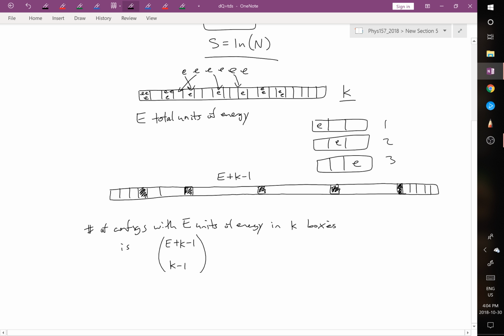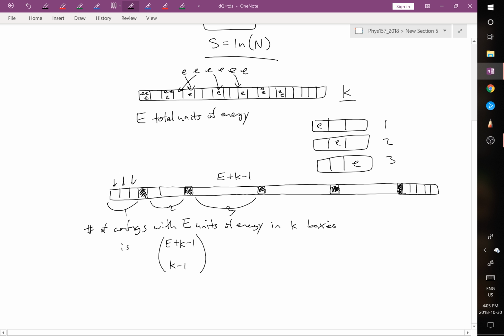I can think of those black boxes as dividers. I started with E units of energy, which are now the white boxes. Now I've put in all these dividers, K minus 1 of them, and I've divided the system up into K parts: the first part, the second part, and the third part.